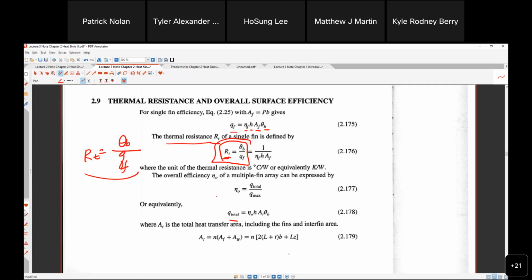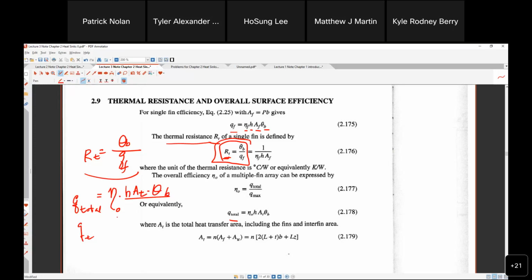Okay, now multiple fin is Q total now, not the single, or QT, sometimes they use QT, is efficiency overall, not one, overall, times same Qmax, H A total and zeta B total.